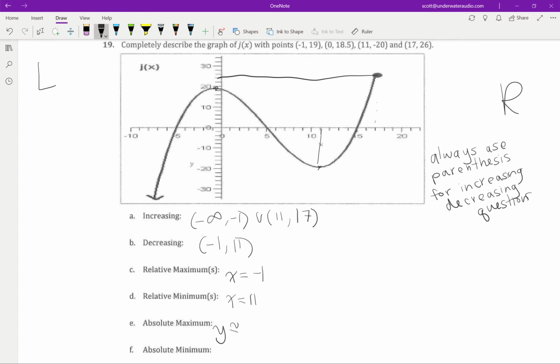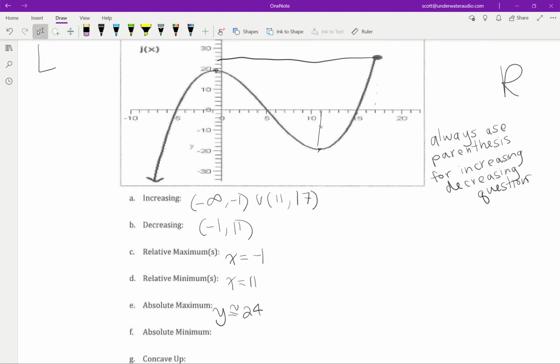And I'm going to put a little guess symbol because I don't know if that's exactly right, but it's close. And there is no absolute minimum because this graph keeps going down. If you gave me a number that you thought was the absolute minimum, I could come up with something even lower than that. So there's no minimum.